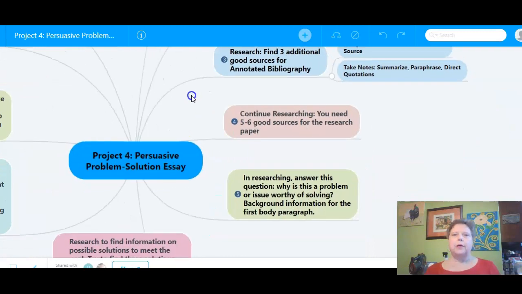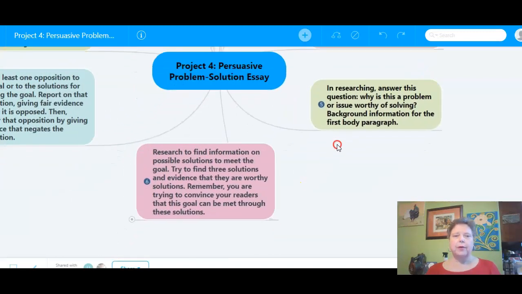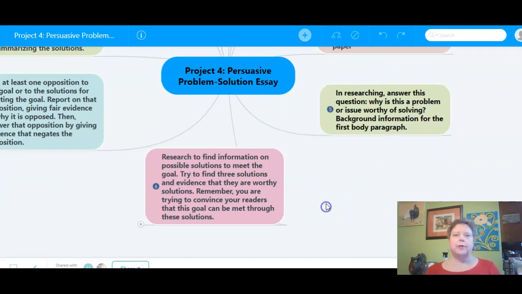Last week we were continuing researching, and you were going to be answering this question: why is this a problem or issue worthy of solving? That was going to be for your background paragraph, and then this week, research to find information on possible solutions to meet the goal.